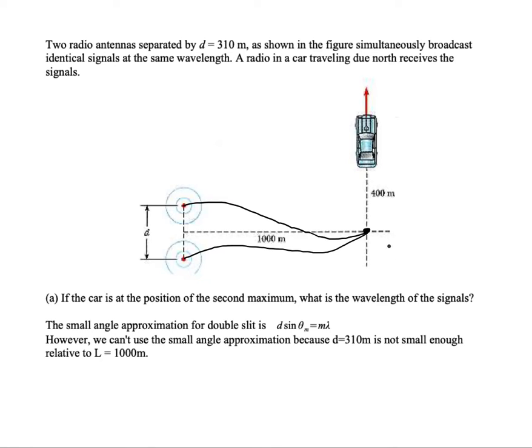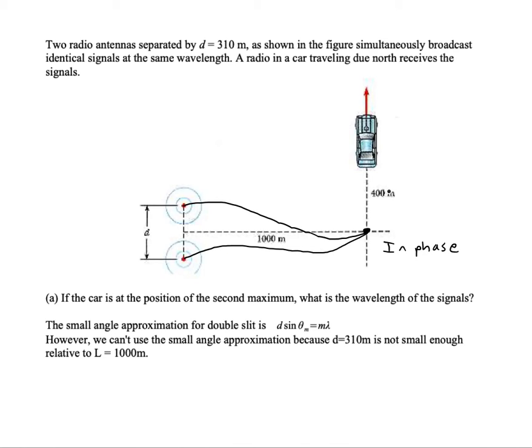So they're in phase when they reach that point. If we move up a little bit on the axis, they're not going to be in phase anymore. But there will come a point where they come back to being in phase again.